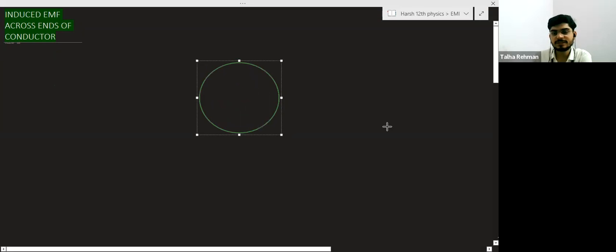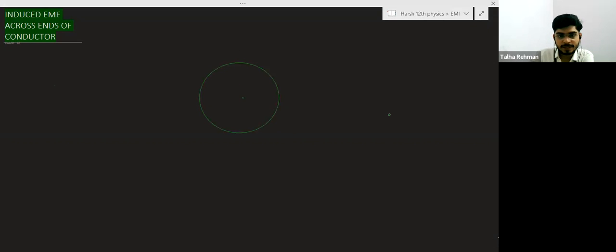Suppose this is a circular path, and suppose a body initially is at point A, and finally this body is moved to the point B. In moving from A to B, the body swept an angle of theta, and this theta is known as the angular displacement.